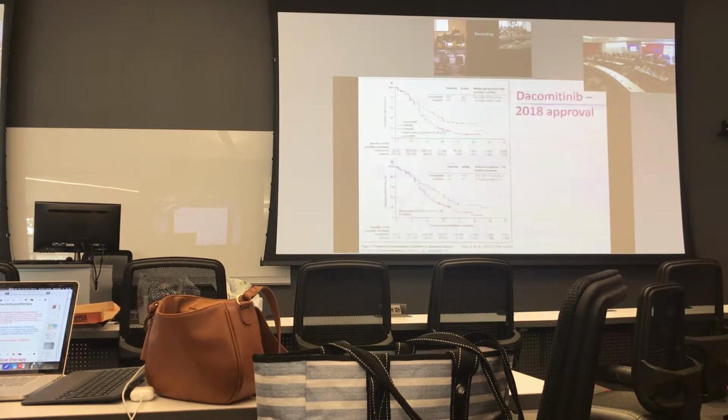So dacomitinib went head-to-head with gefitinib, looking at progression-free survival. And that was masked by an independent review, and then the progression-free survival that was calculated by the investigators. What they're doing now with anti-cancer therapeutics might be a little different than other clinical trials, I'm not sure, but they want the independent review boards to come in and review all of the data from the clinical trials.